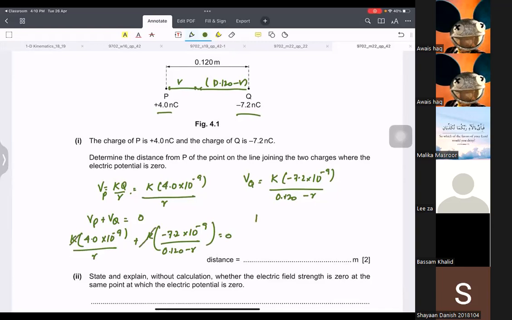So it will be 4.0. This and this also cancel out. Now I think it's pretty simple, huh? This is not fair.